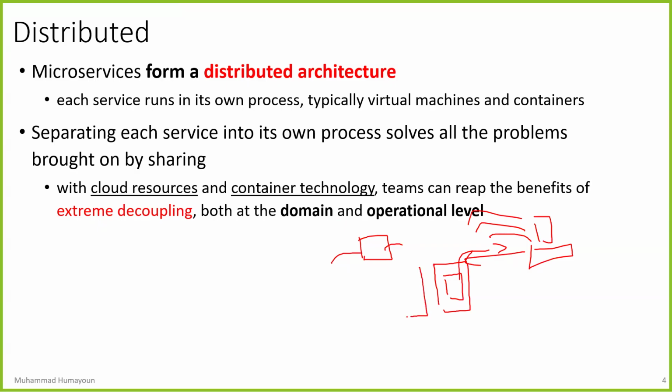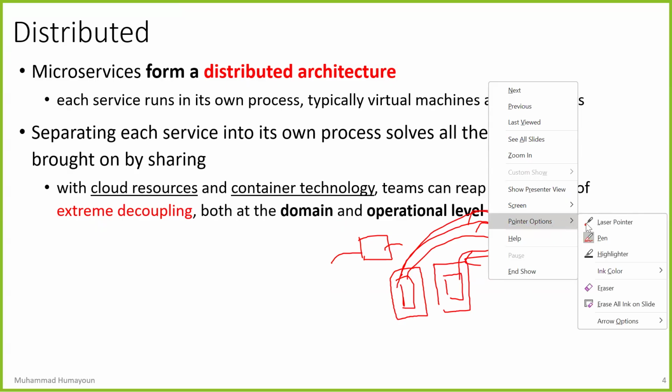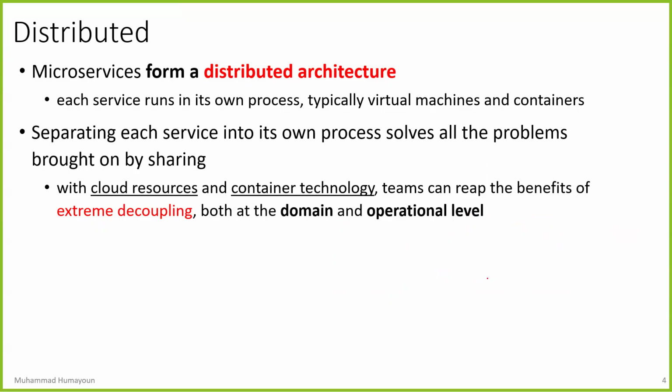Programmatically, we can start a new container, a duplicate, increasing its capacity. Now half of the requests can go here and half there. After some time we realize there is really low traffic, so we can shut down one of the services and leave one up and running. These kinds of concerns are operational level concerns.